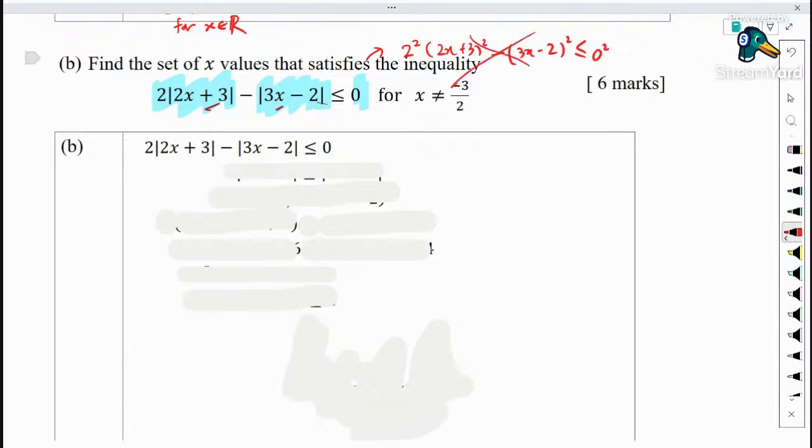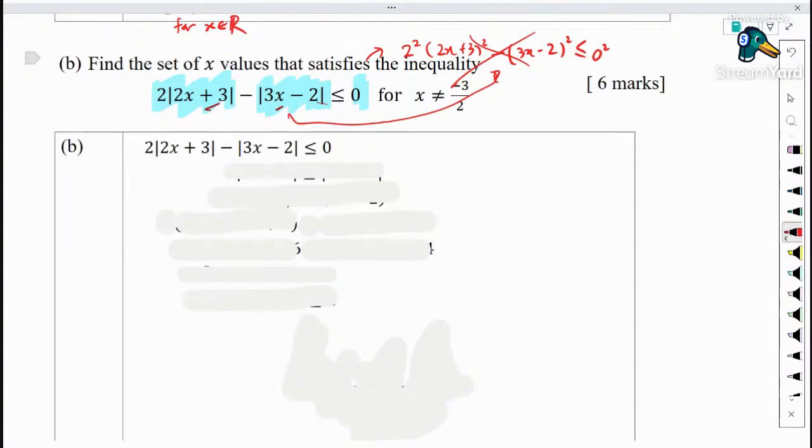And obviously, this is a wrong way of squaring both sides. This is not proper. Although the final answer you get is the same, it doesn't proceed from the original equation directly to here as squaring both sides. Whenever you solve absolute inequalities or even equations, whenever you deal with modulus, there is a certain arrangement that we need to fulfill first before we use any strategy to solve it.